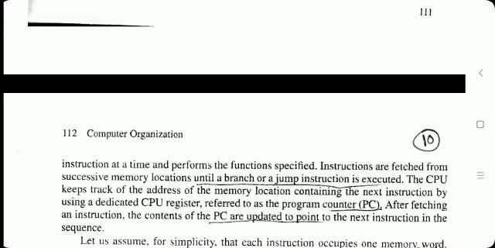To fetch the next instruction while the current instruction is in execution, the program counter does the task, because the program counter stores the address of the next instruction. So the PC gives the address of the next instruction, and the CPU executes the instructions in sequence until a branch or jump instruction is there.